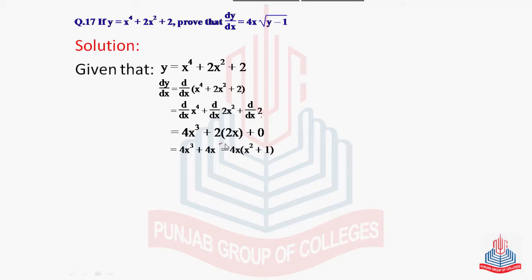Now we are going to prove this result, and if we see our required portion, we have 4x. Now we can take 4x common from these two terms, then we have x square plus 1. So now our next requirement is 4x into square root, which is not actually here.